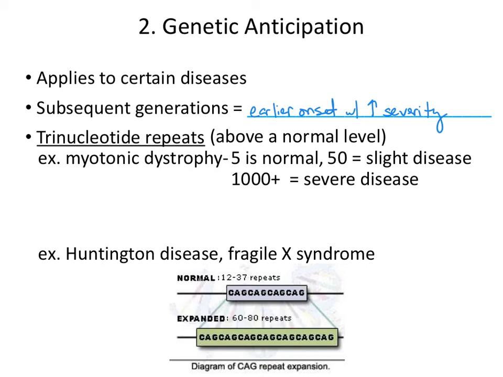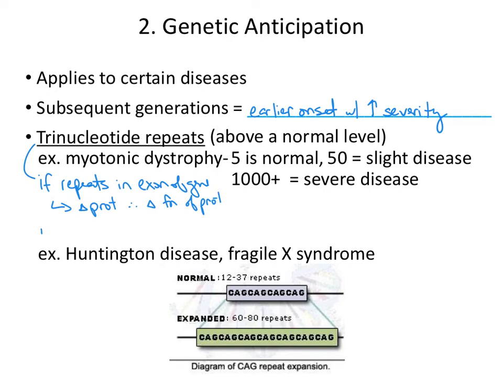So I'm going to write something down here. If repeats are in an exon of a gene, that'll cause a change in protein, and therefore probably a change in the function of the protein.